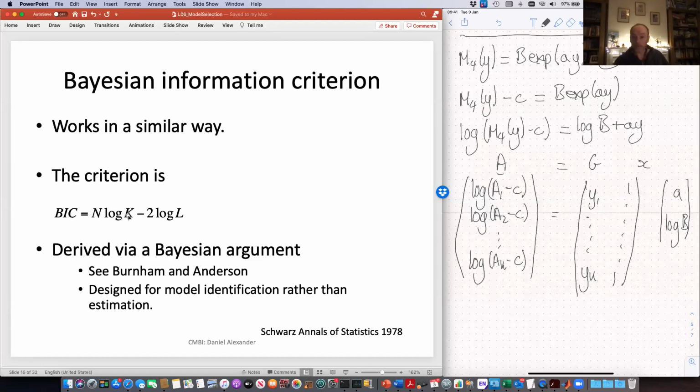But it basically works in the same way. So it's quite interesting that it comes up with this very similar formula, whereas actually the starting point for the derivation of the BIC is really quite different to that for the AIC, a very different set of arguments, but ultimately leads us to something very, very similar.